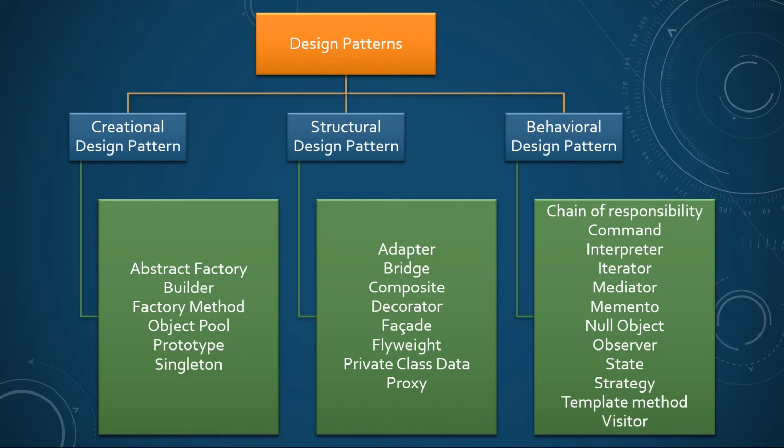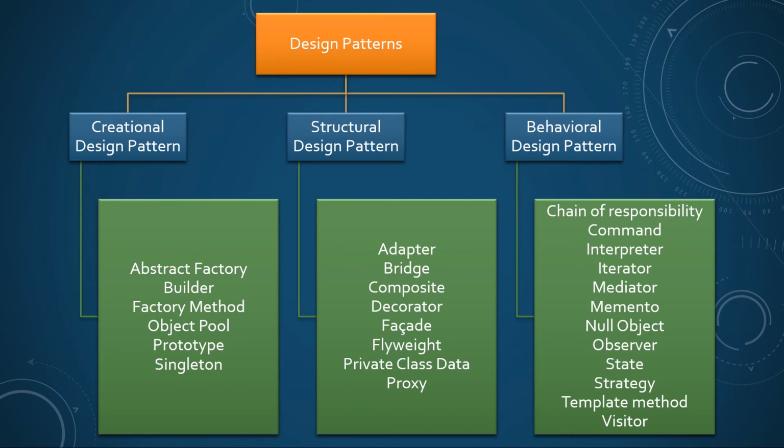job done. We have the abstract factory, that is one of the patterns in this category. The abstract factory creates an instance of several families of classes. The builder separates object construction from its representation. The factory method creates an instance of several derived classes.